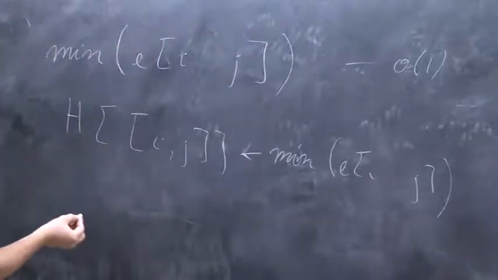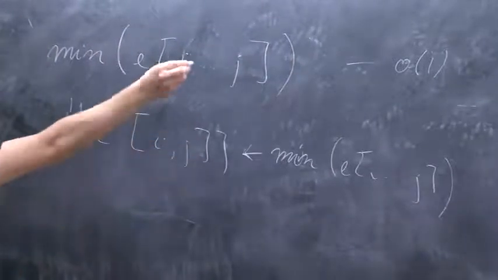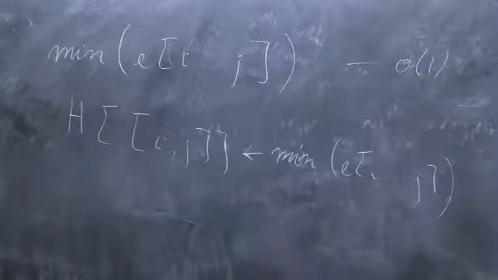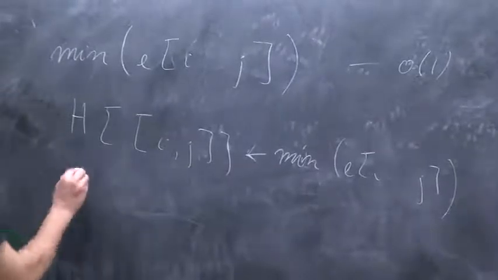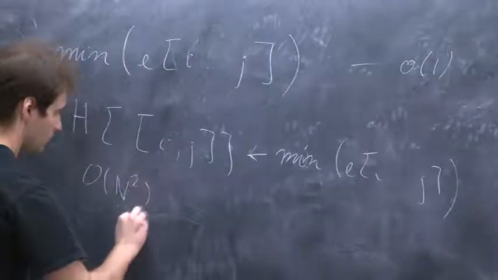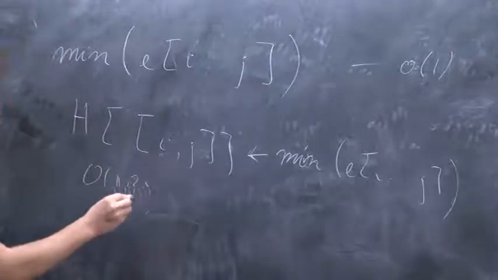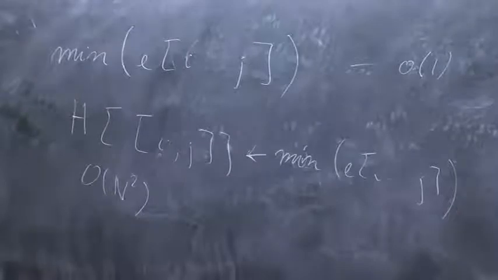And I can do a hash lookup in order 1 and return the answer. How many elements do I have here? So how much storage do I have to use for this? So n squared. Okay. n values for this, n values for this, so roughly n squared.